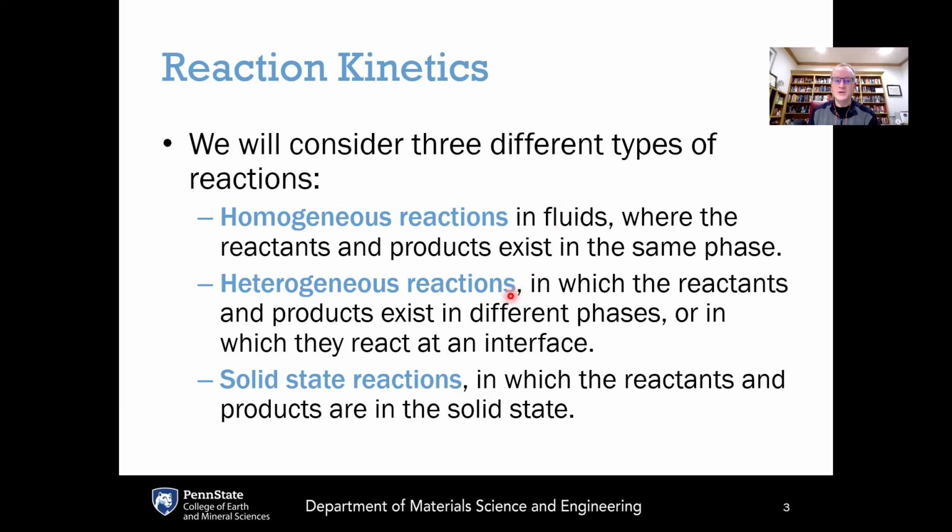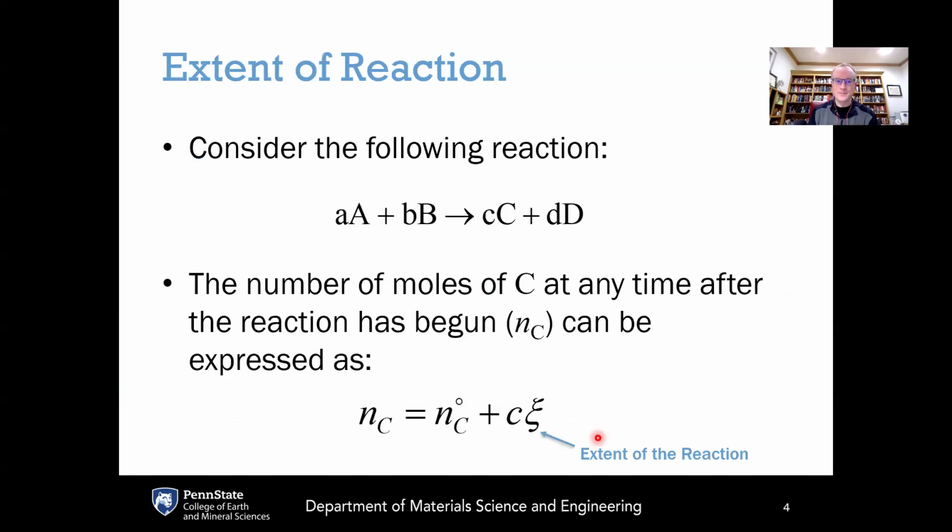In contrast, for heterogeneous reactions, the reactants and the products exist in different phases, or perhaps the reaction occurs at some interface. So if they're in the same phase, it's homogeneous, and if they're in different phases or at an interface, that would be a heterogeneous reaction. Finally, solid-state reactions are, of course, in which the reactants and the products are in the solid state.